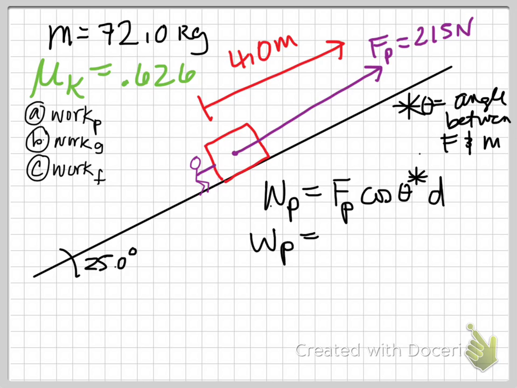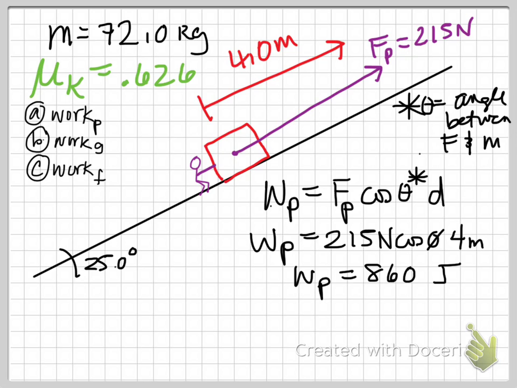So work of the pusher equals 215 newtons. What's the angle between the pusher's force and the motion? 0. It's going the direction this person is pushing. Cosine of 0 times 4 meters. What do we get?